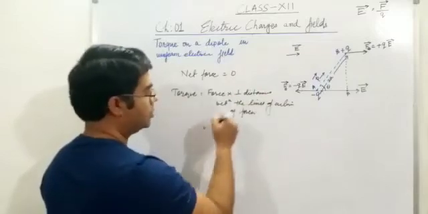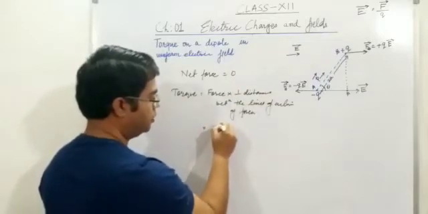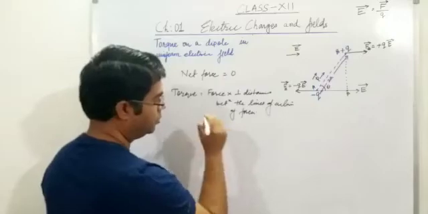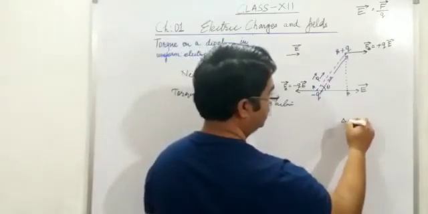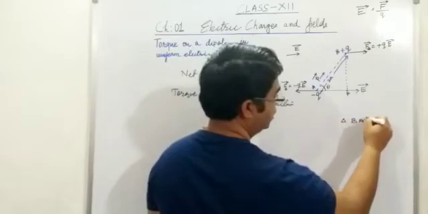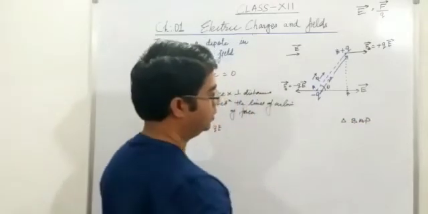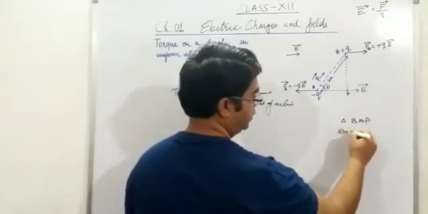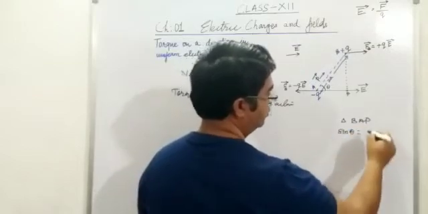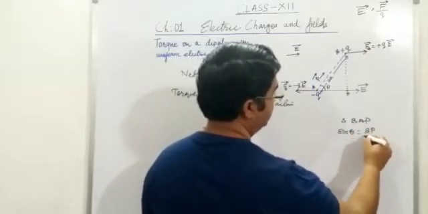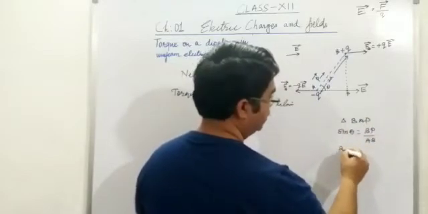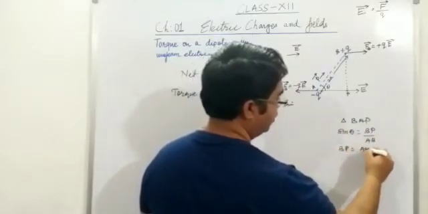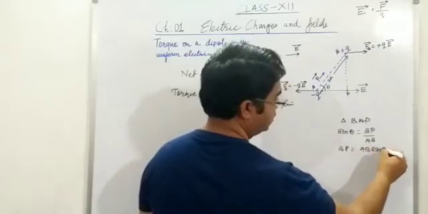So what is force? You can take the magnitude of force, that is Q into E, into perpendicular distance. For this, consider triangle BAP. Sin theta is equal to BP upon AB, and therefore BP is equal to AB sin theta.